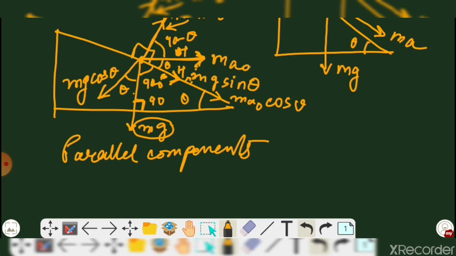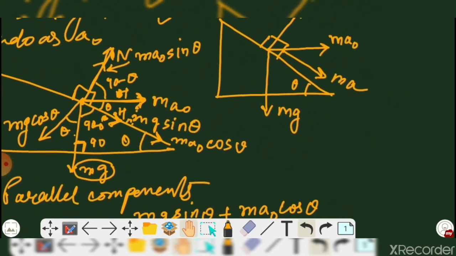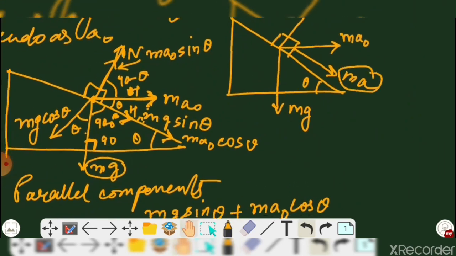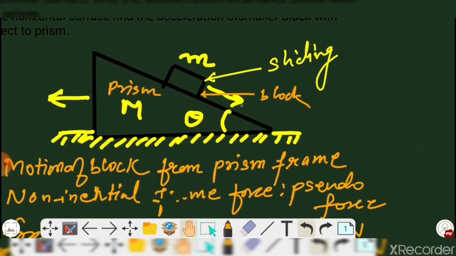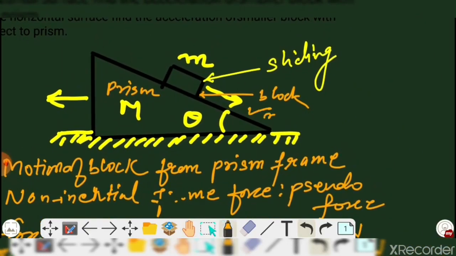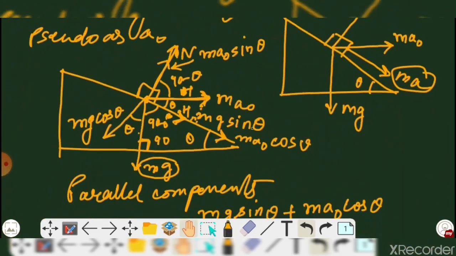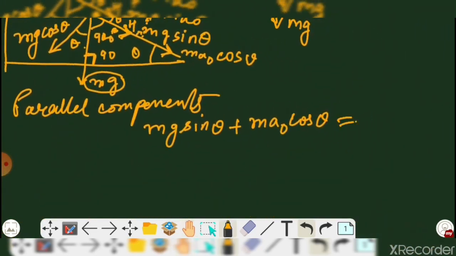The parallel forces are ma0 cos theta and mg sin theta, which are inclined towards the plane: mg sin theta plus ma0 cos theta, and in the same direction you will observe that one ma is also acting over it, which is mentioned in the question. Even you can see in the question it is mentioned like this. This is the force we are considering as ma, that is equal to ma. That is our first equation.